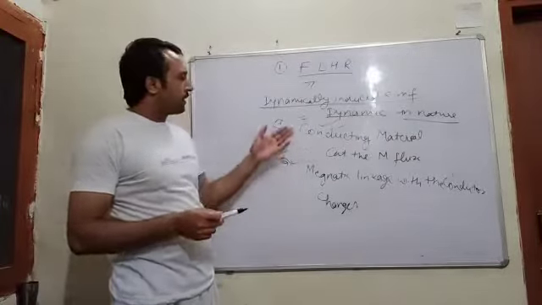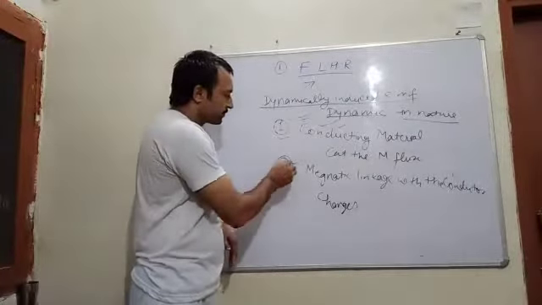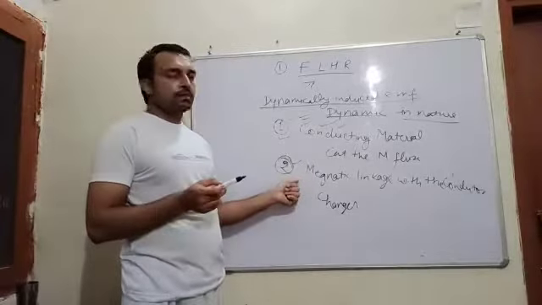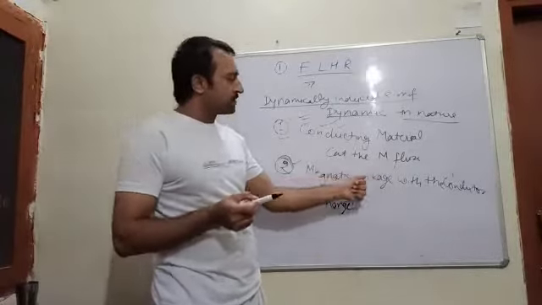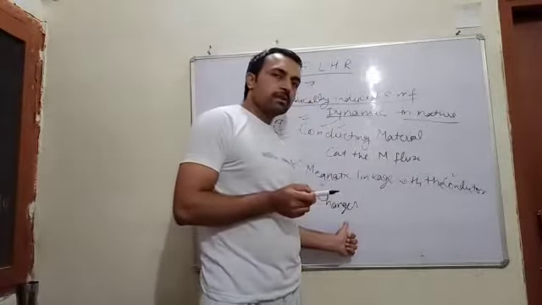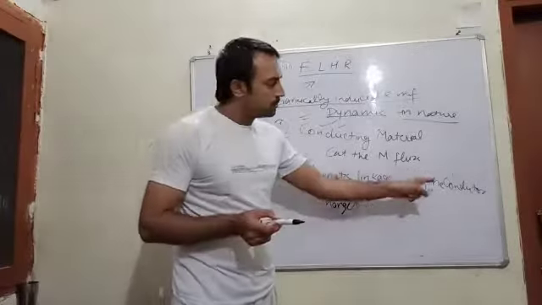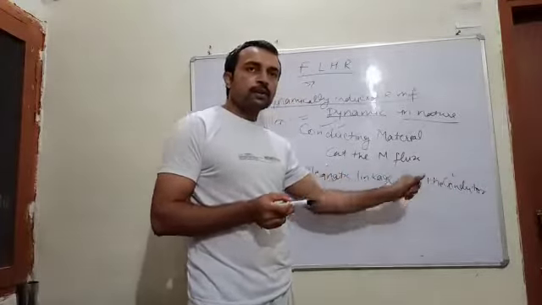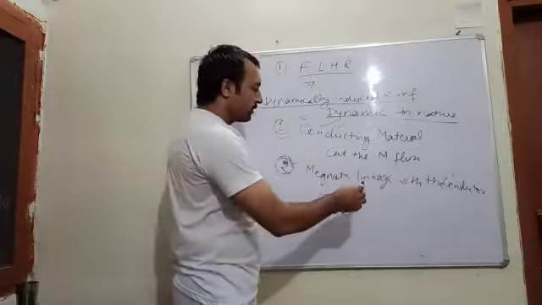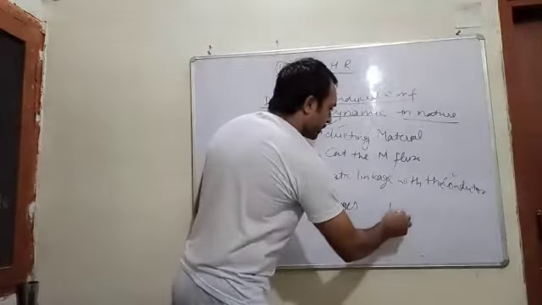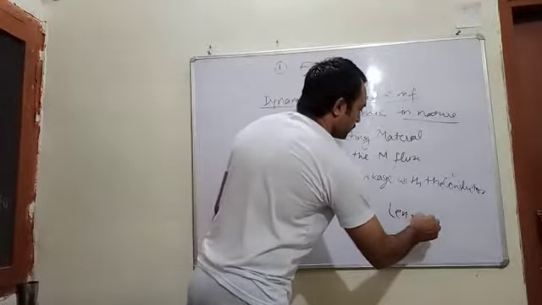In the second situation, when the magnetic linkage with the conductor changes, then also EMF will be induced into the conducting material. But in that case, the direction of induced EMF will be given by Lenz's law.